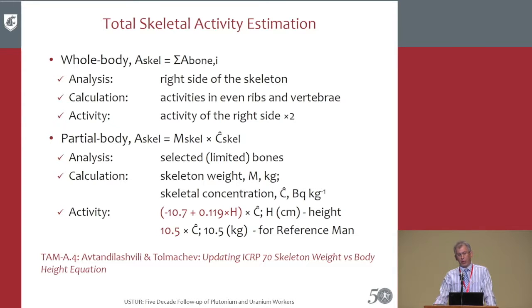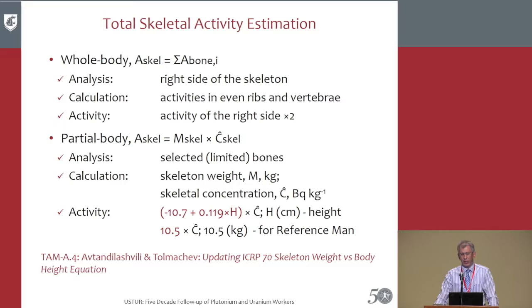When you have a partial body case or donor, the skeleton activity is a function of two variables. One is the mass of the skeleton, and the other is the concentration in the skeleton. We usually analyze a few bones. There are two ways you can calculate your skeletal weight.